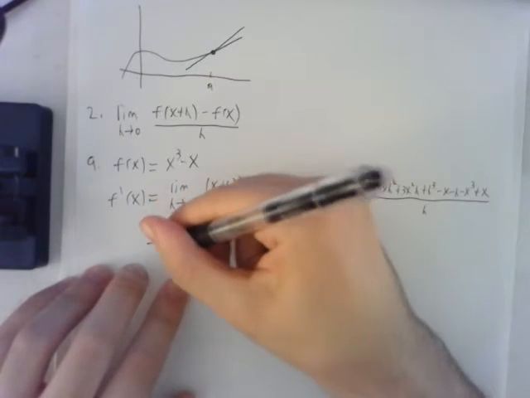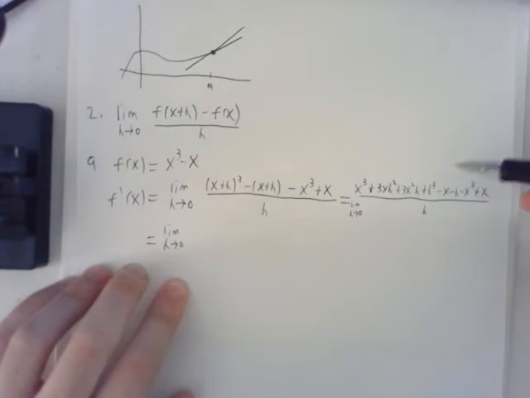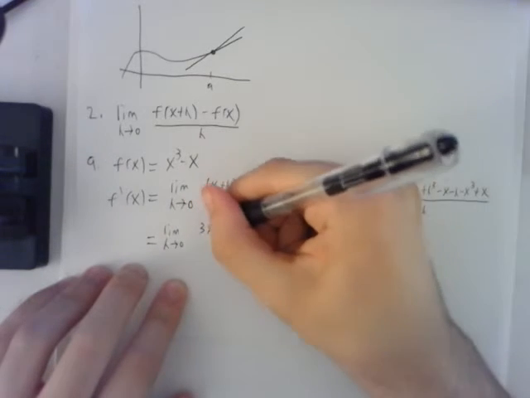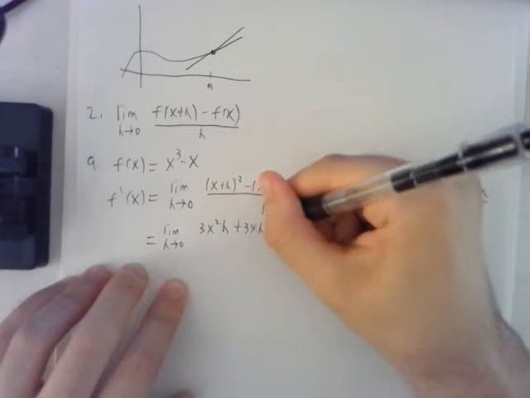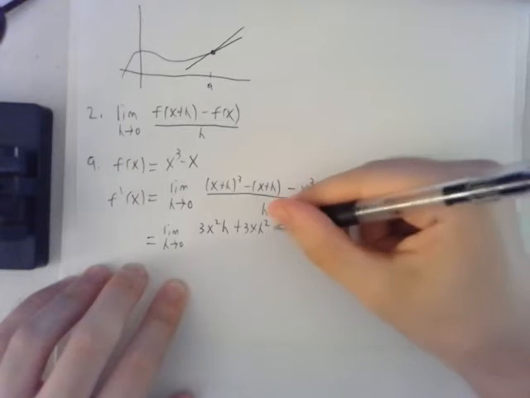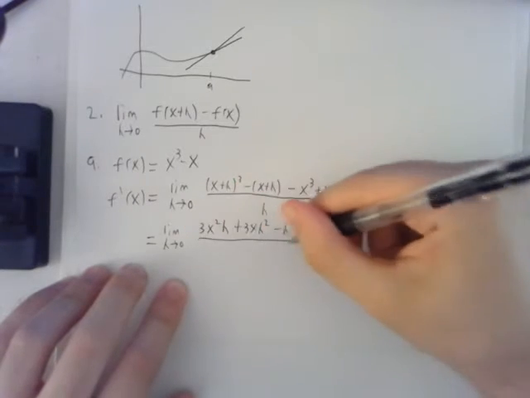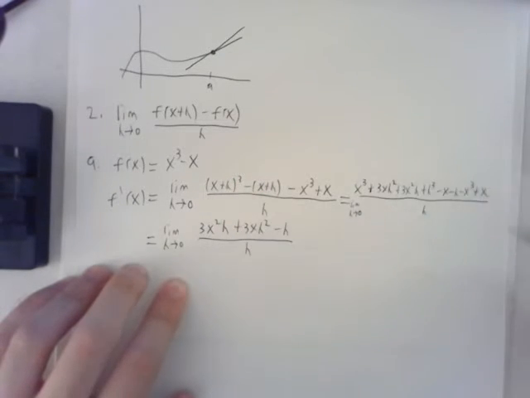Now, if you look at this expression, there's some cancellations that we can do. There's a plus x cubed and minus x cubed, a plus x and a minus x. So if we simplify things as much as we can, we get 3x squared h plus 3xh squared minus h divided by h. I believe that's all the terms.